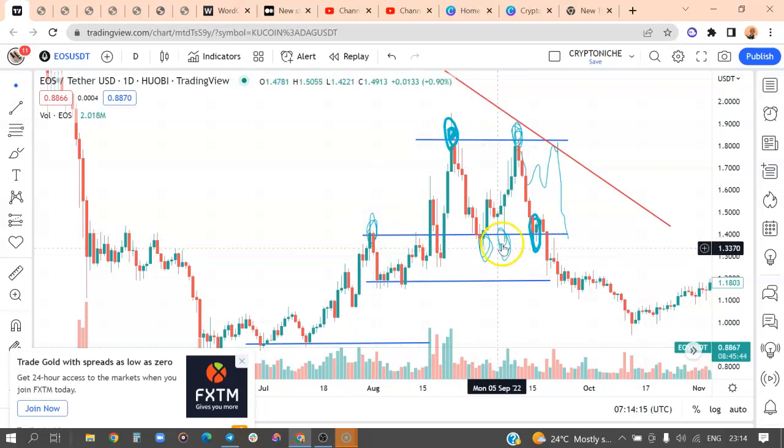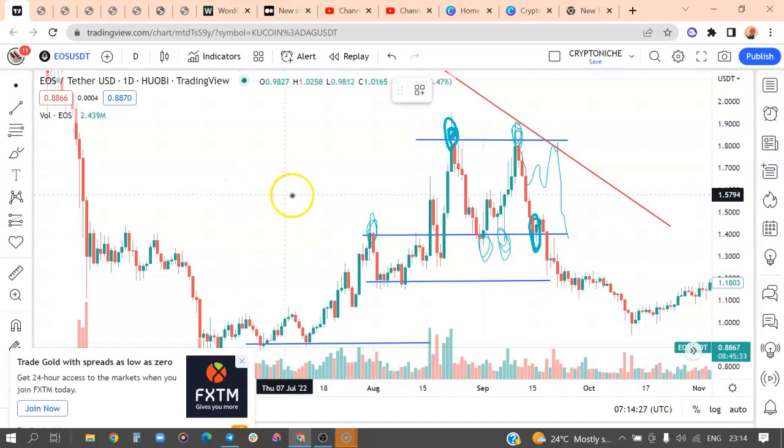This support, I knew that it would be broken pretty soon. The support was tested twice. Let me use a text message and text something here.